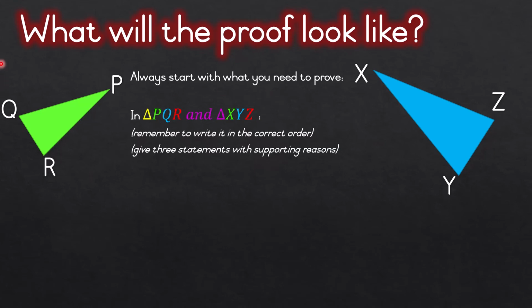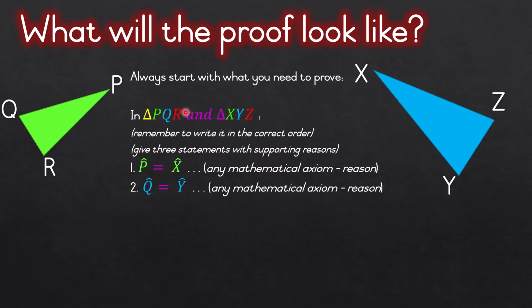You have to give 3 statements with supporting reasons to prove similarity. The first statement we're going to do is P equal to X, green equal to green. And you can use any mathematical axiom or reason to prove it. Next, you can prove Q and Y, blue to blue.